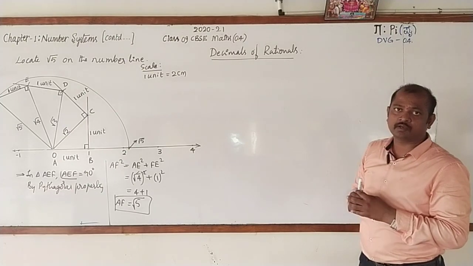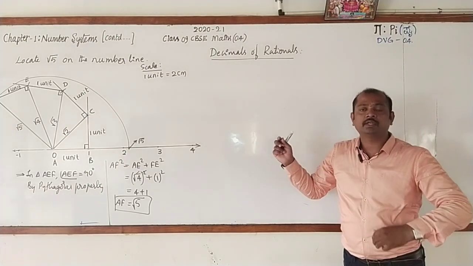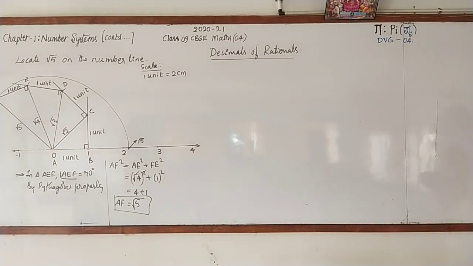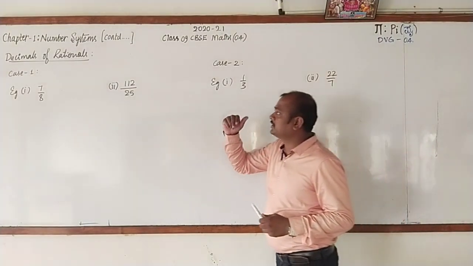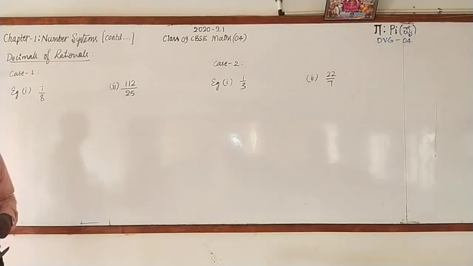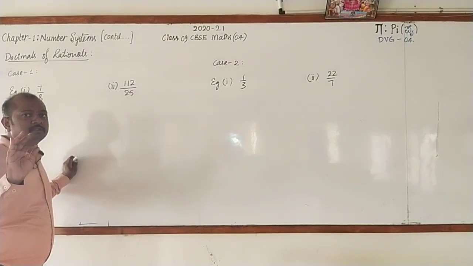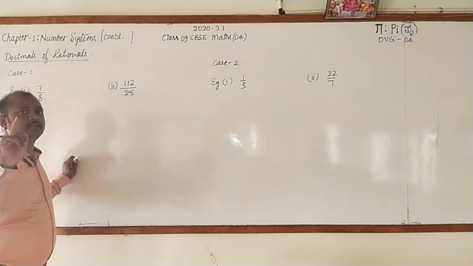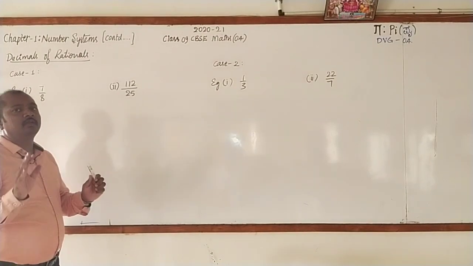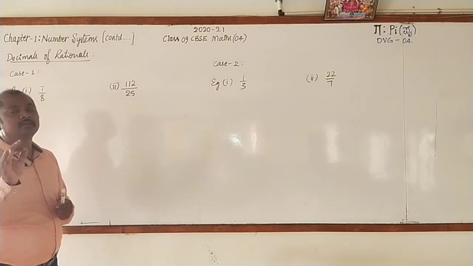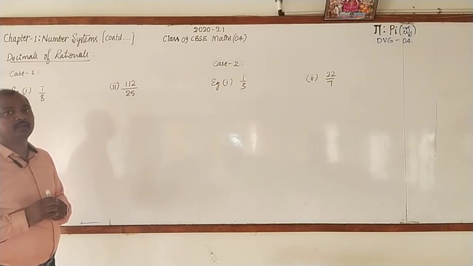Now let us go for knowing that condition. Dear students, just go through this. A rational number can be expressed in decimal in two forms. One is terminating and the second one is non-terminating recurring. Then we are going to know the conditions to say whether it is terminating or non-terminating recurring.